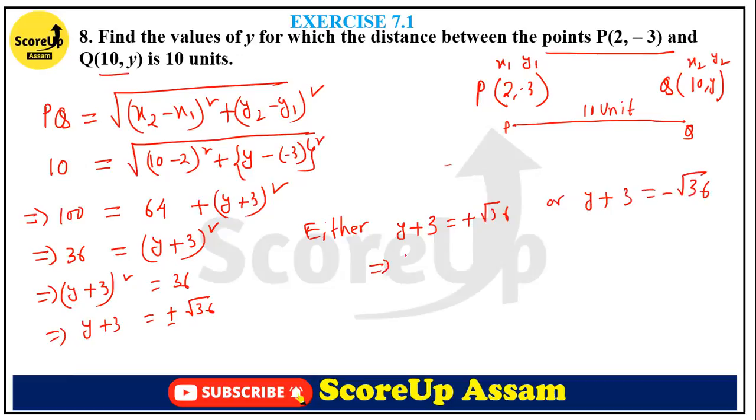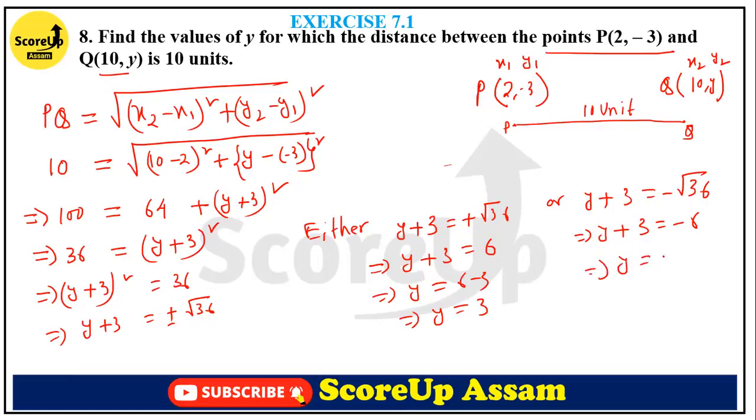So y plus 3 equals 6, so y is equal to 6 minus 3, that means y is 3. And y plus 3 equals minus 6, so y is minus 6 minus 3, that means y is minus 9.